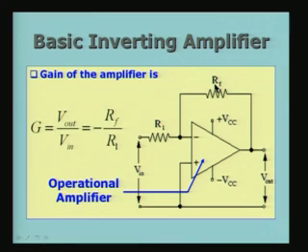This is the feedback resistor and this is the input resistor R1, and the amplifier itself is some kind of a black box for us, which draws power from an external supply. We have a positive and a negative supply. Usually it may be plus 15 minus 15 volts, or plus 12 minus 12, or sometimes it may be 5 and 0 or 5 and minus 5, things like that.